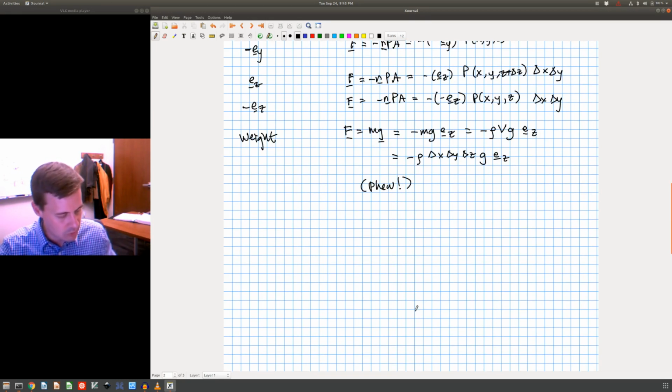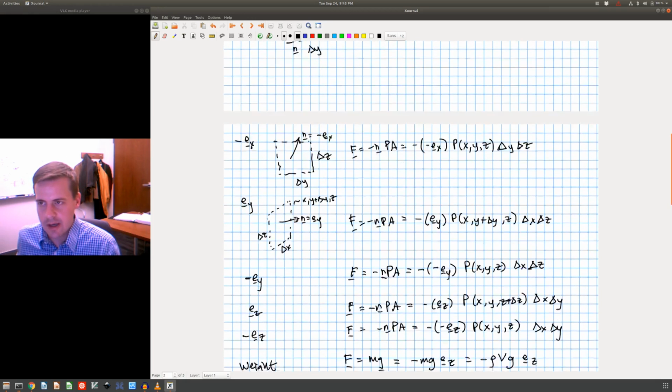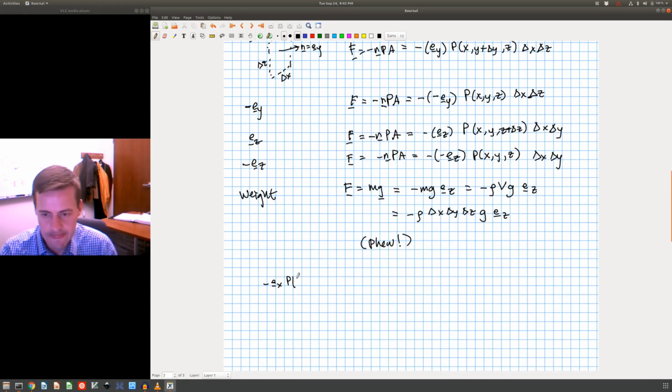And maybe we'll just write it out. So I have minus e_x P, let me scroll up a little bit so I can see here. Minus e_x P of x plus delta x, y, z times delta y delta z, minus a negative e_x of P of x, y, z delta y delta z, minus, and now I can start copying.